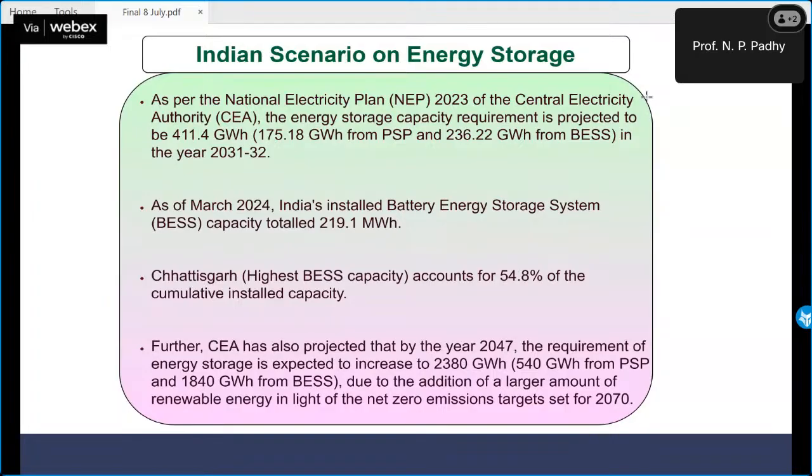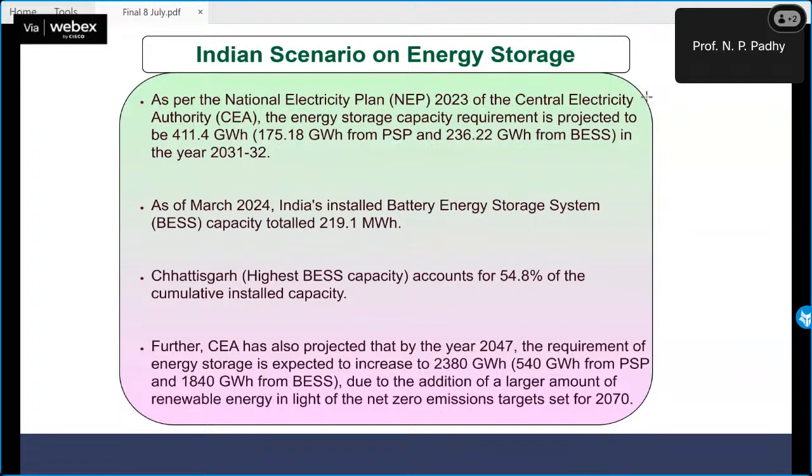As per the NEP 2023 of the Central Electricity Authority, CEA, the energy storage capacity requirement is projected to be 411 gigawatt hour. Close to 175 is from PSP, pumped storage, and 236 will be from battery storage.